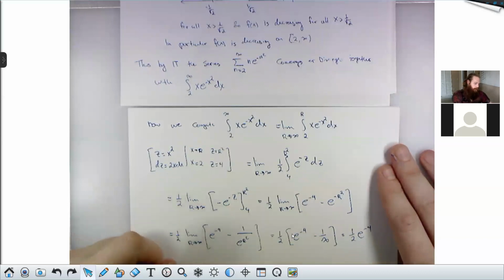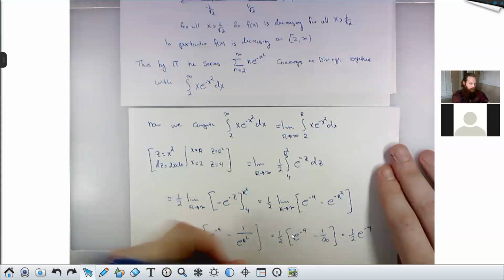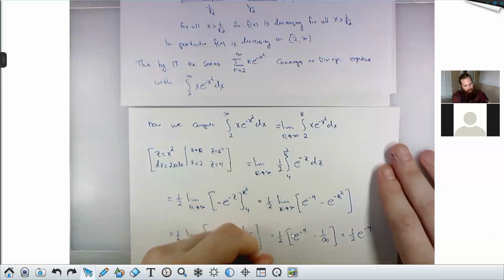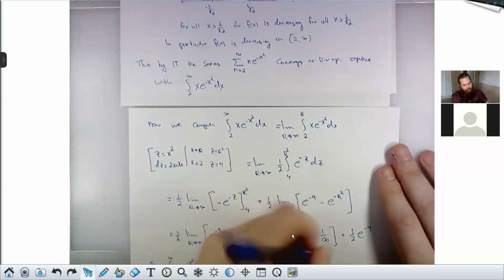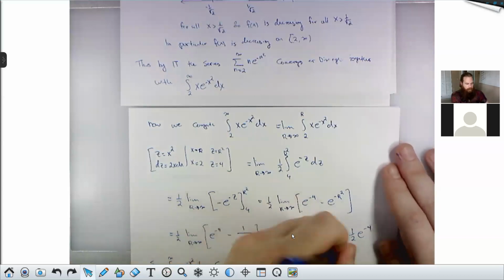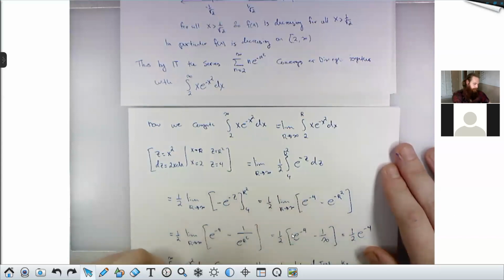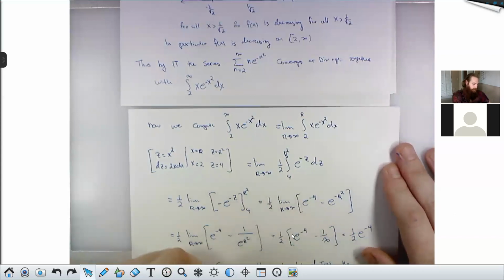So the integral 2 to infinity x e to the negative x squared dx converges. Hence, by the integral test, the series sigma n from 2 to infinity n e to the negative n squared converges also.